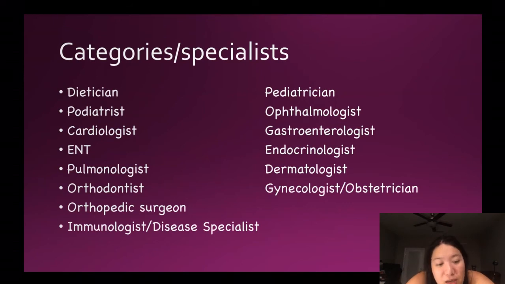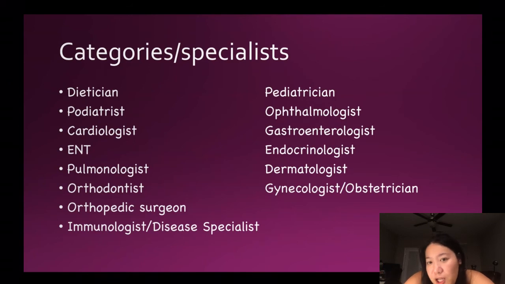An orthopedic surgeon, of course, deals with the bones, at least the surgery of the bones. And then there are immunologists or infectious disease specialists. They work with your immune system and also work with other infectious disease.